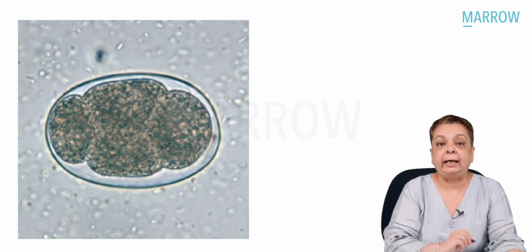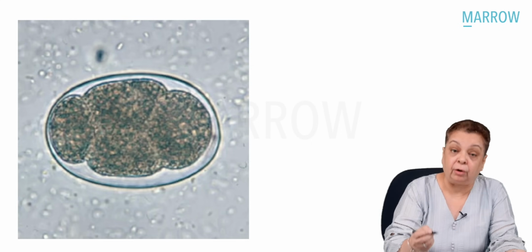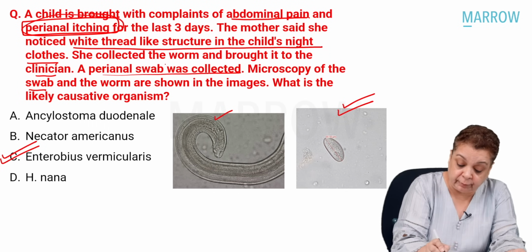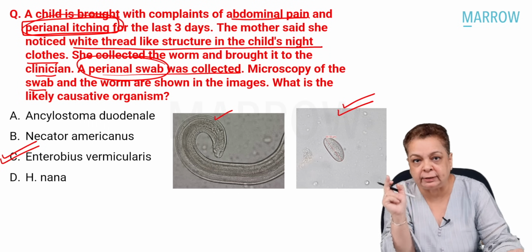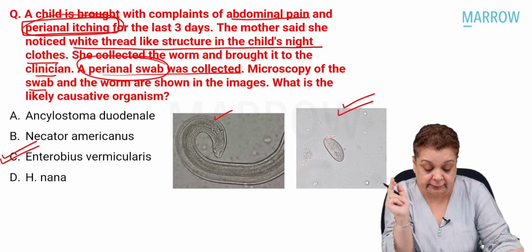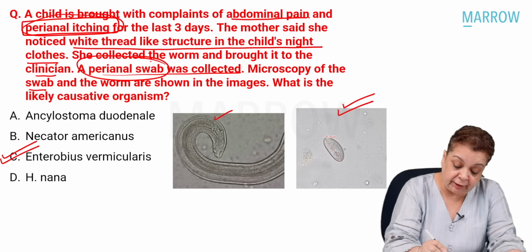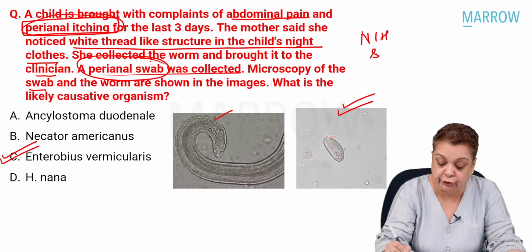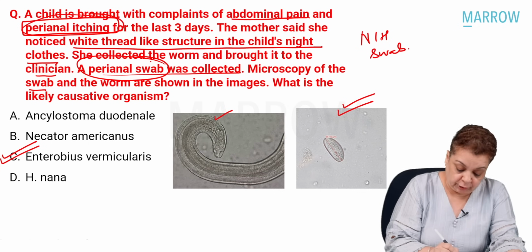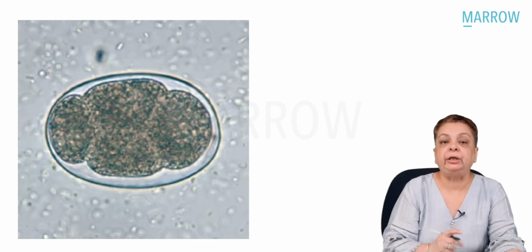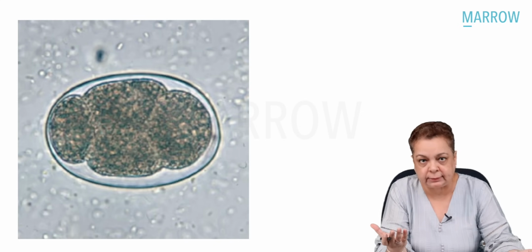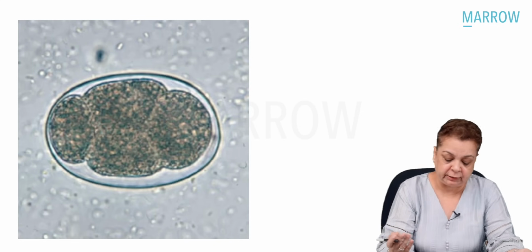Okay, this is the egg, of course. Please remember the stool is not productive in Enterobius infection because the eggs have been laid on the perianal skin. So that's why we do what is known as the NIH swab. Now I'll just show you the eggs of Ancylostoma duodenale because these are important. They're asked as image-based questions and they have been asked.